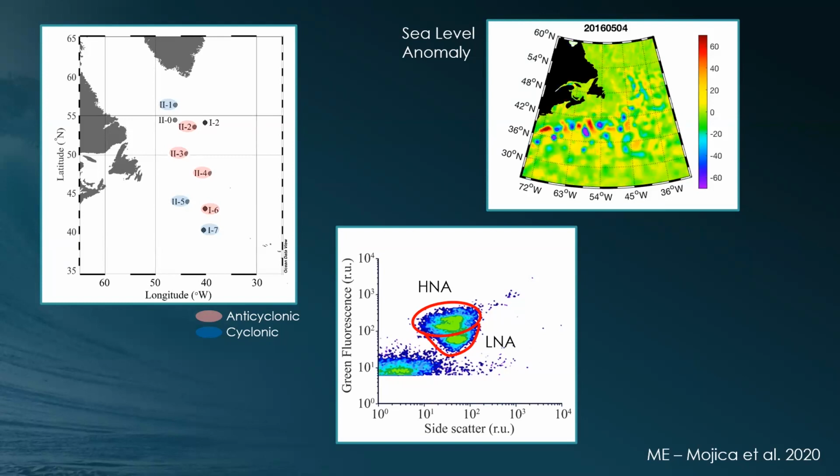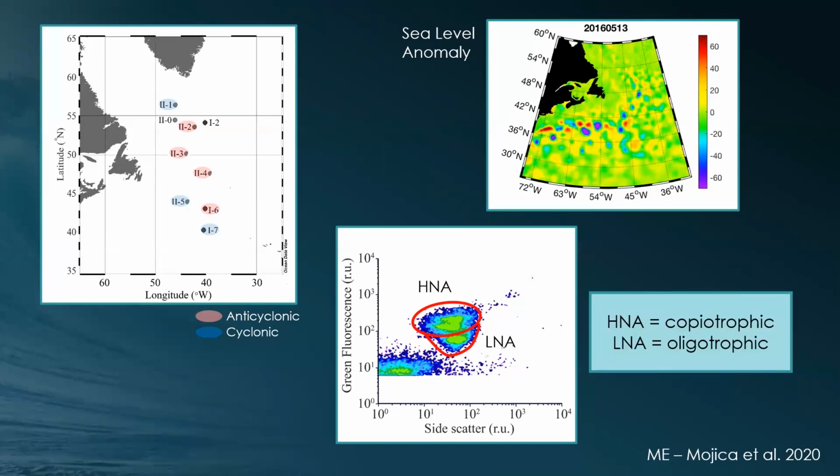There's also been some conversation from sorting out these populations that there are certain signatures of bacteria that comprise these 2 groups, wherein HNAs are copiotrophic members and LNAs are oligotrophic members, such as SAR11, for example. I was interested in whether we could link these with the physics, and what this means for the virus community.